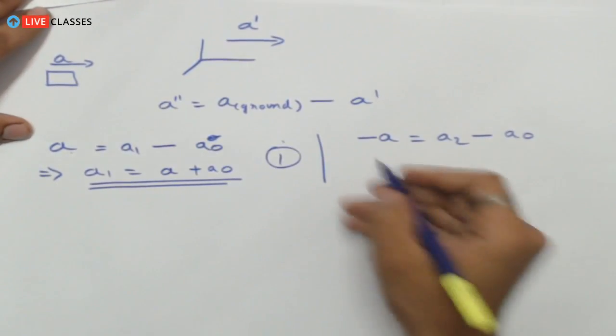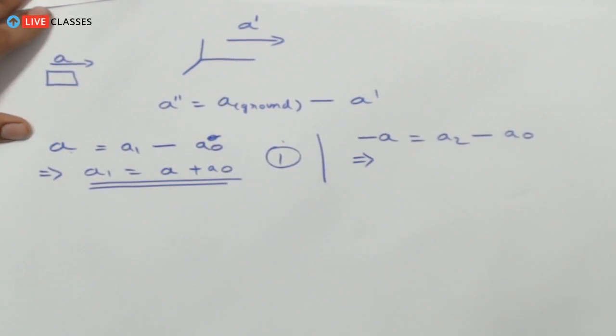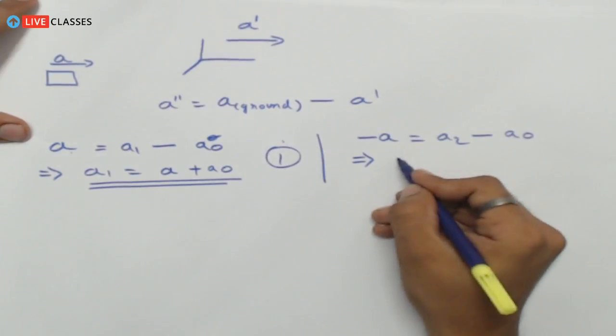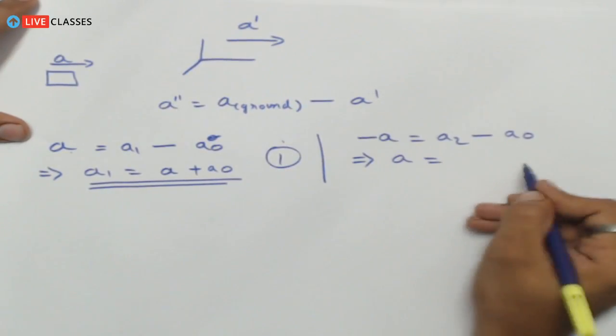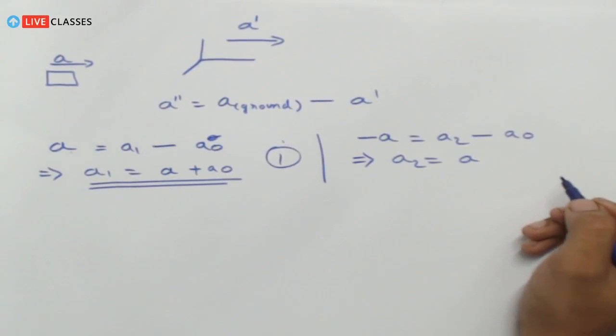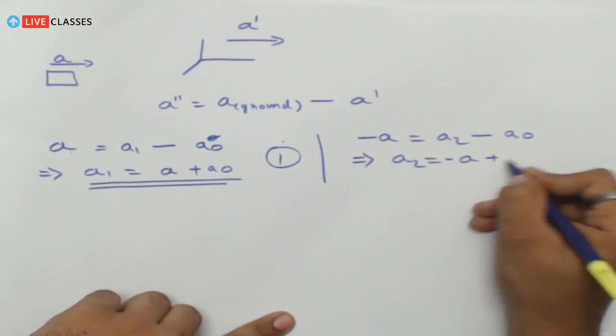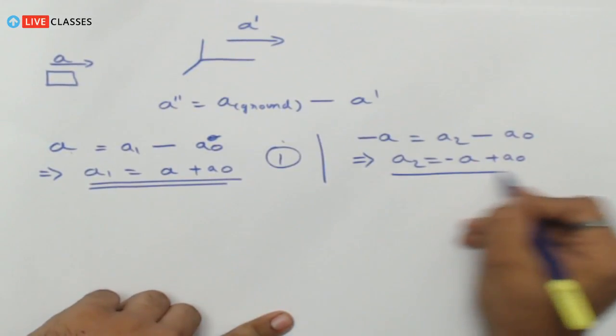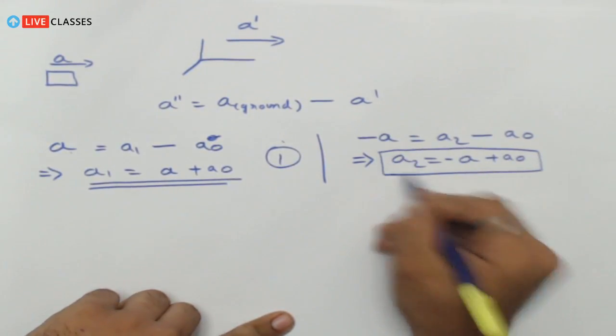If you get confused somewhere with signs, just comment, I will make you understand one more time. So A2 comes out to be minus A plus A0.